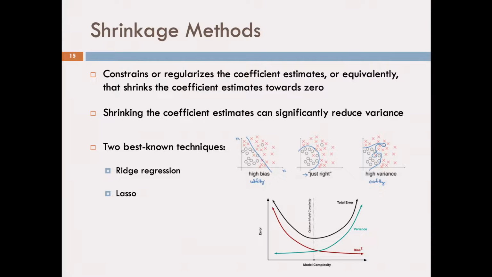It's important to note that we are going to work with two methods here. Ridge regression is a very used method. It shrinks the coefficients towards zero, but the coefficients will never be zero. They will be very close to zero, but in the end, you will still have a model with all the variables.